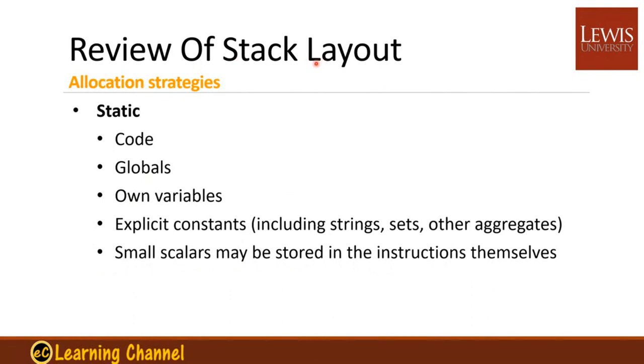So we need to know about the stack layout in order to know how our variables are stored. That's related to the memory allocation strategy to maximize performance for the CPU and also minimize the memory being occupied.